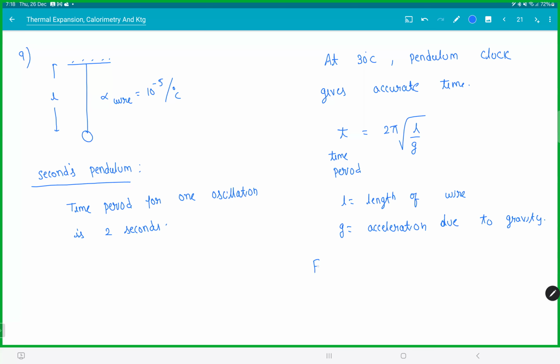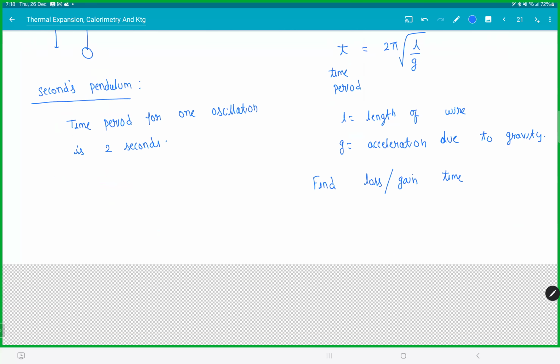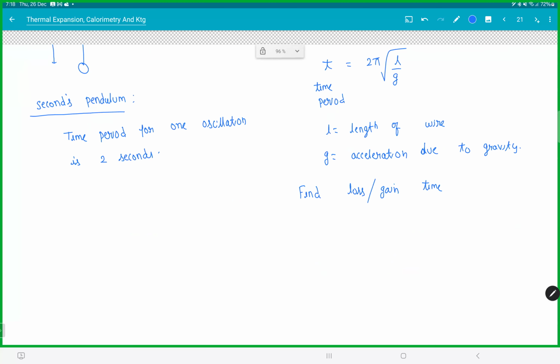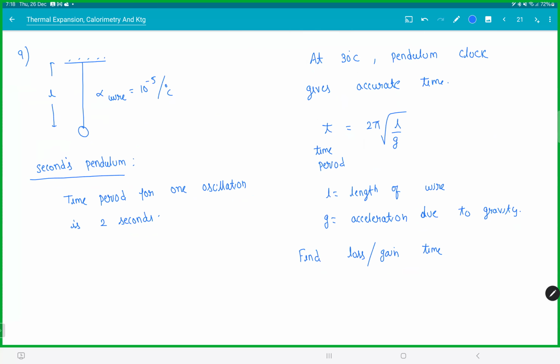So the question is, find the loss or gain of time per day when temperature is 40 degrees. We don't know whether you're gaining or losing time.